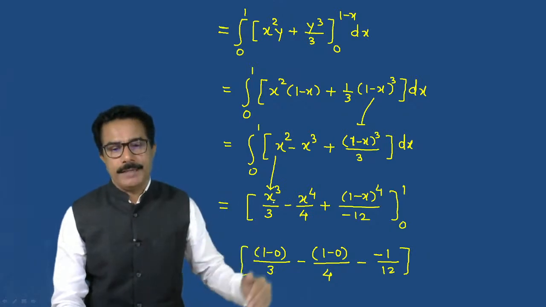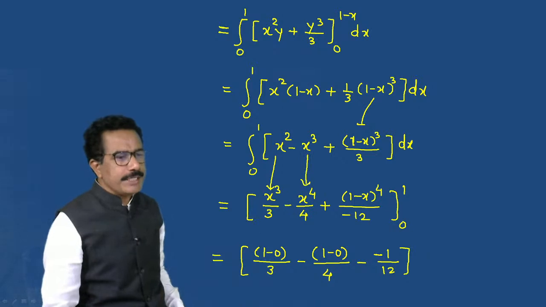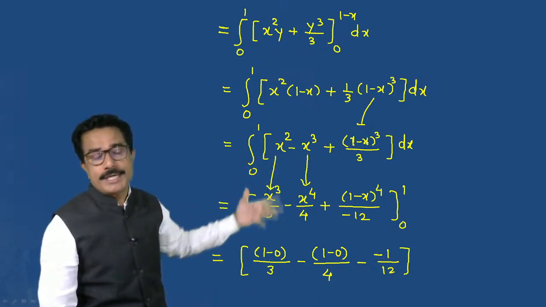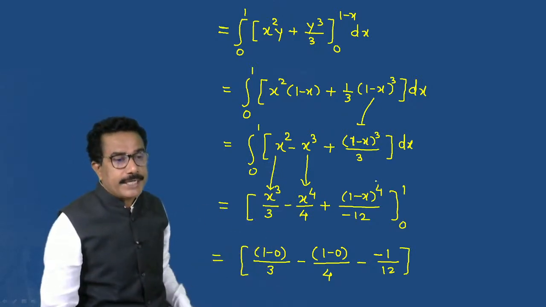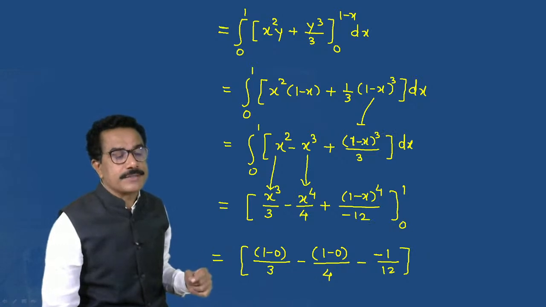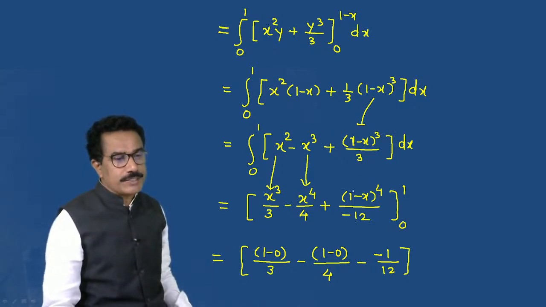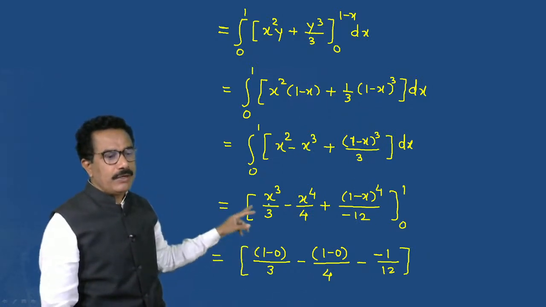सर्वांनी चॅटबॉक्समध्ये आन्सर्स द्या. So x cube चं इंटिग्रेशन x raised to 4 by 4. 1 minus x cube चं इंटिग्रेशन, 1 minus x ब्रॅकेट cube चं इंटिग्रेशन ब्रॅकेट raised to 4 divided by -4. x चा coefficient काय, -1. So -4 into 3 means -12. So put this upper limit and lower limit.